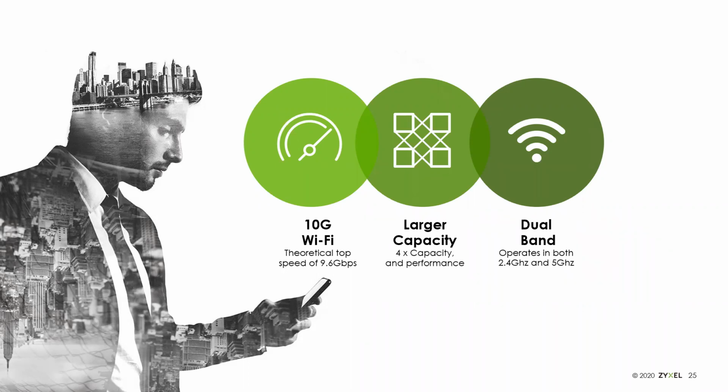Although I want to warn you out there, there are some vendors and some products, as an example, some of the lower end Ubiquiti access points, where the Wi-Fi 6 has only been added to the 5 gigahertz radio. The 2.4 radio is still using 11N technology. So it's something to keep an eye on. All of the Zyxel Wi-Fi 6 products have the Wi-Fi 6 technology on both radios.